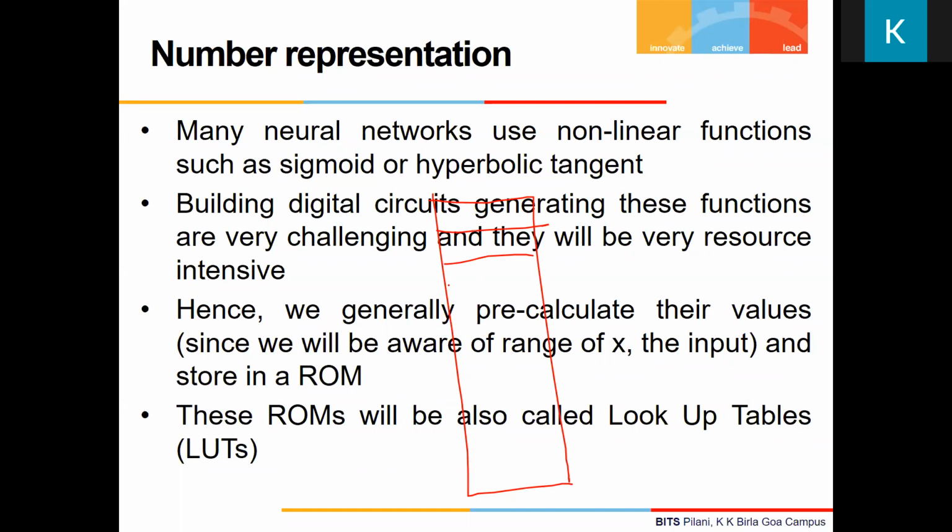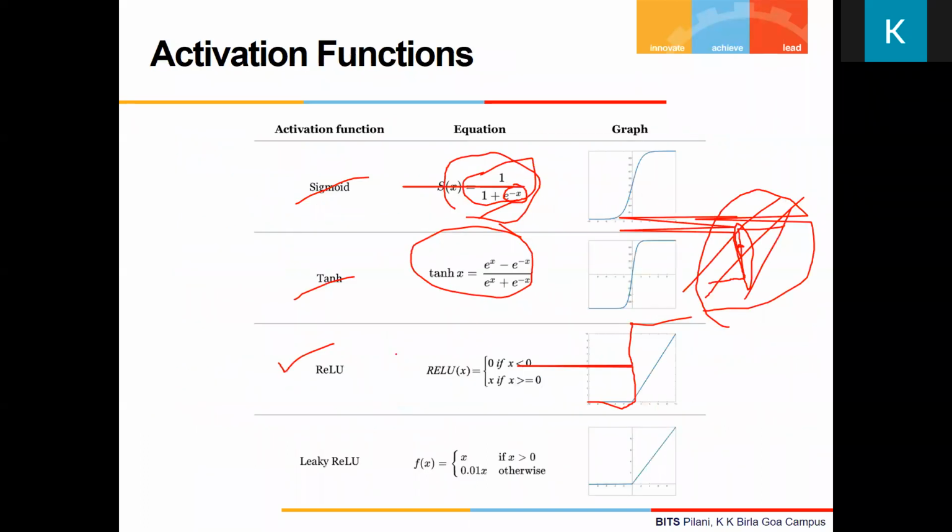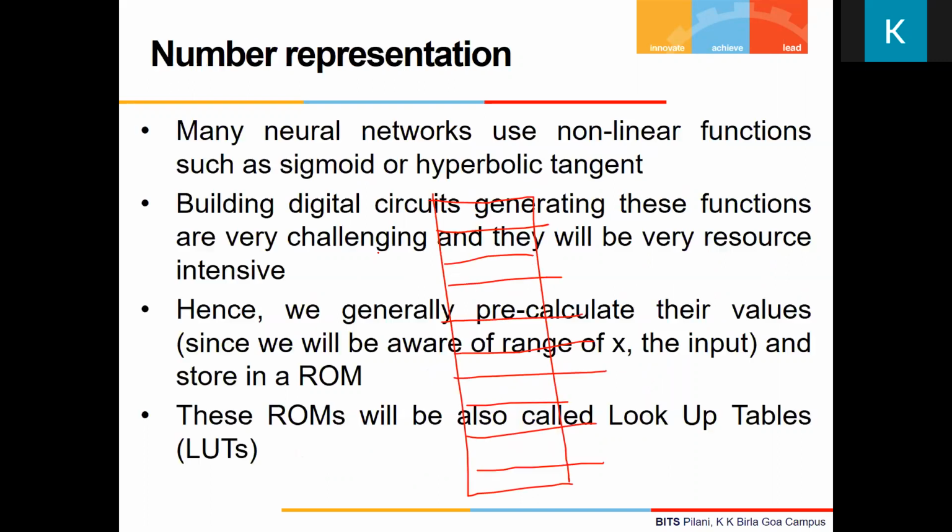The larger the lookup table used for storing this pre-calculated value, the better accuracy you will get for this function. The smaller the memory used for storing this pre-calculated value, you are using less hardware, but again, the precision will be lesser.